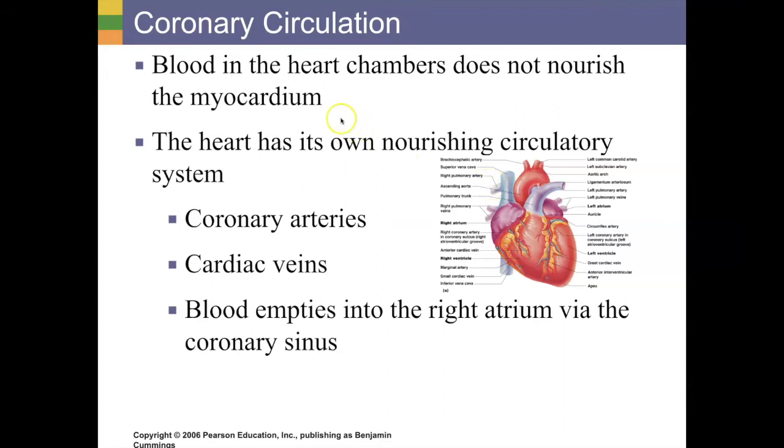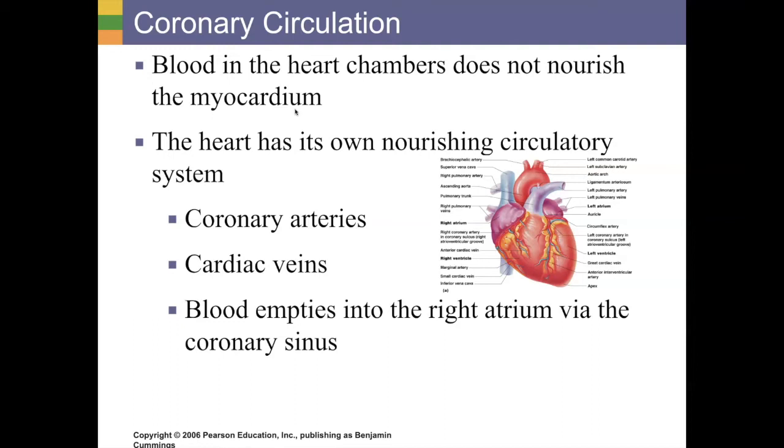Remember, the heart itself, that contractile muscle, is what we call the myocardium. And that myocardium, inside the ventricles and inside the atria, is actually covered by the endocardium. And so, because of that, no nutrients are being absorbed by that material.